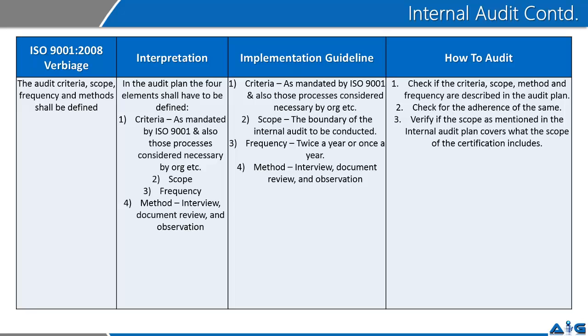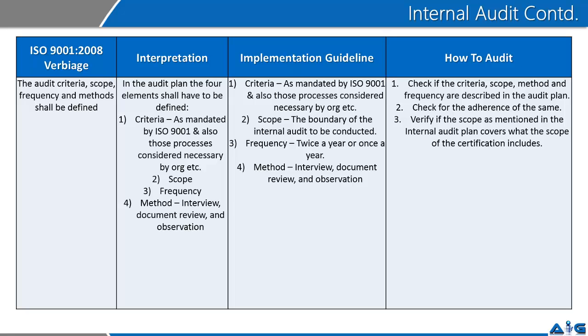And when you go out and audit, do the same thing because it mandates that the audit criteria, scope, frequency, etc. must be defined. So you must check if the criteria, the scope, method and the frequency are described in the audit plan. And if they are described, is there adherence to the same? Verify if the scope as mentioned in the internal audit plan covers the scope of the certification.